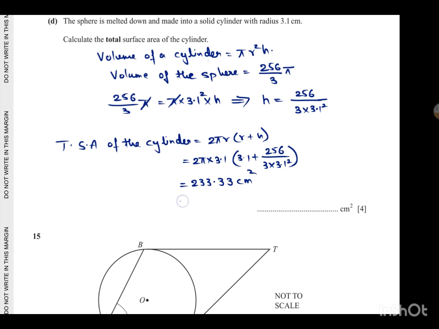I will round it to one decimal place. 233.3.